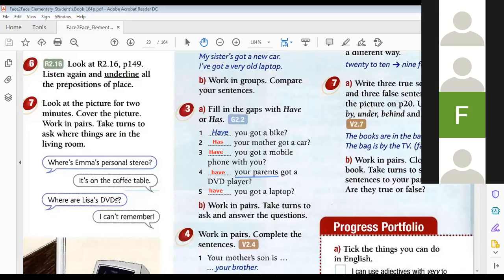Have you got a bike? No, I haven't. Has your mother got a car? No, she hasn't.